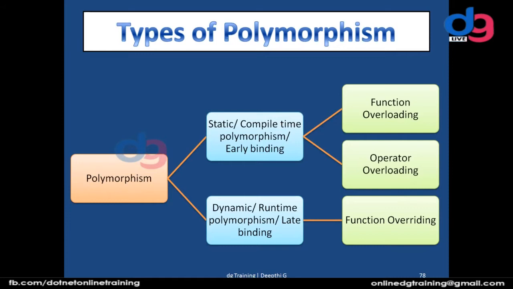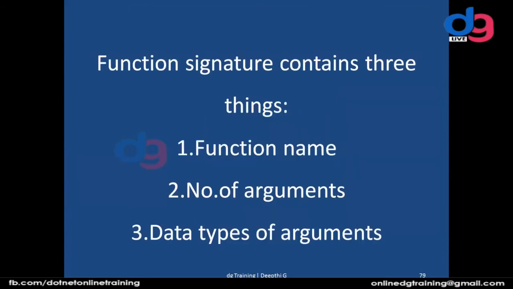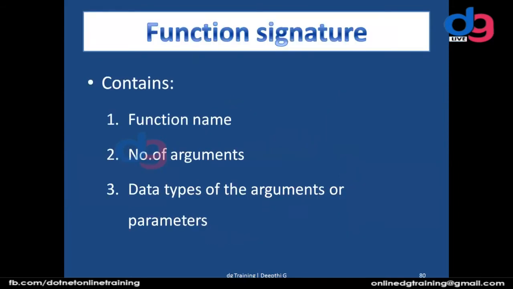So let's see what function overloading and function overriding are. Before we go to that, one small thing we have to understand: what do we generally call a function signature?